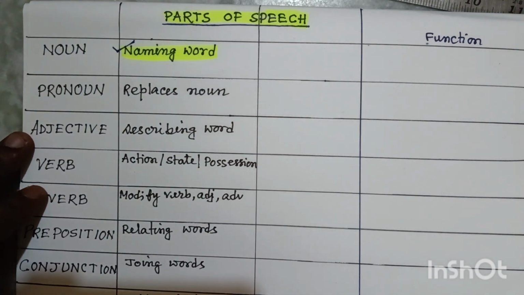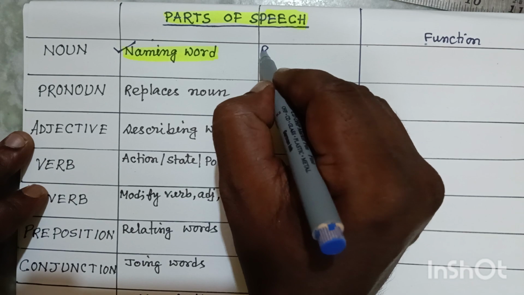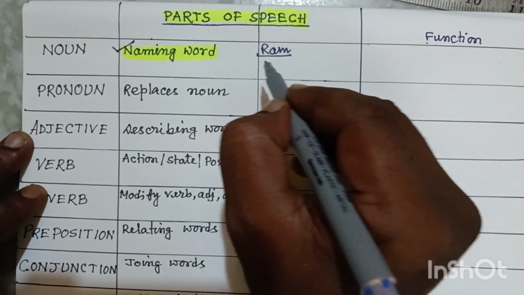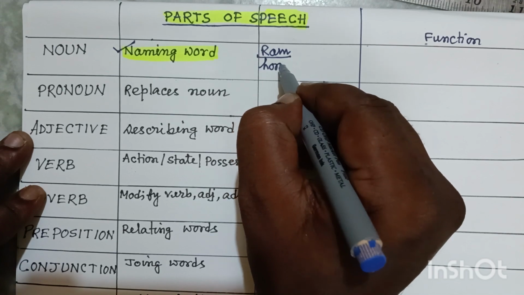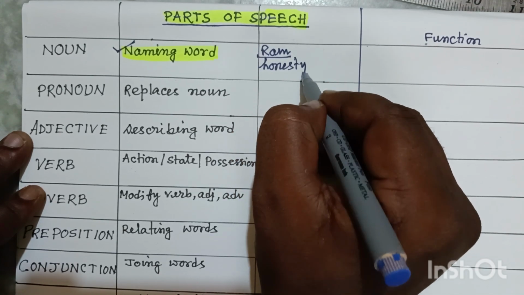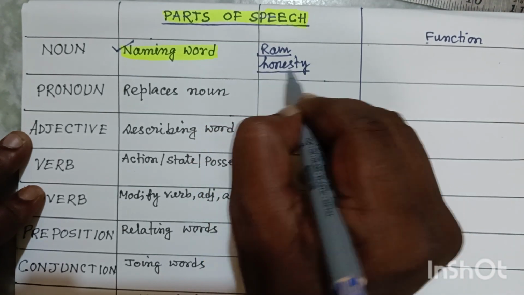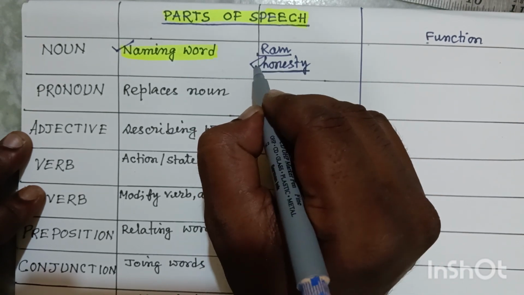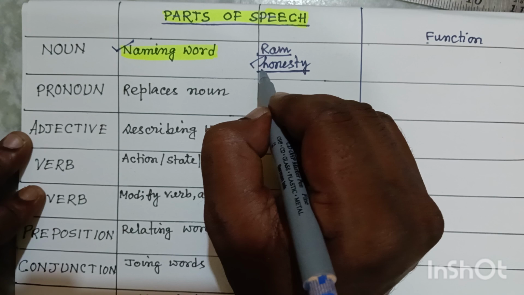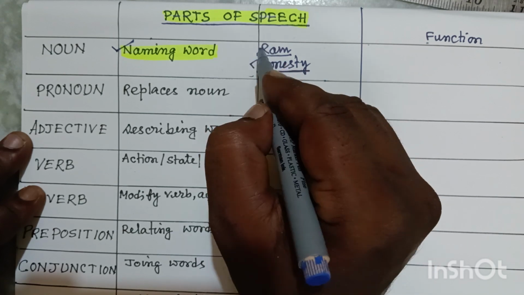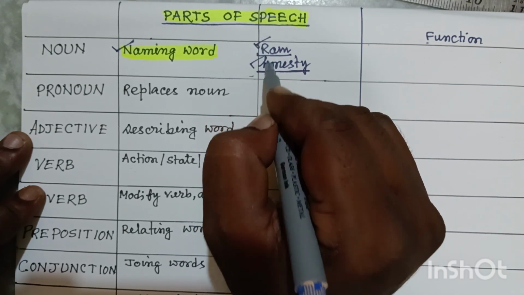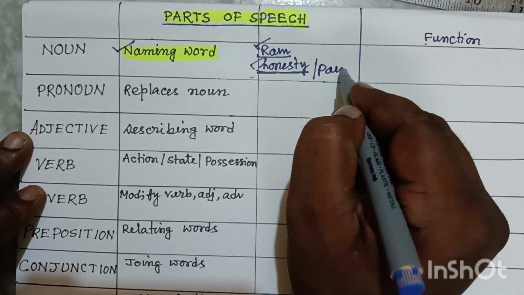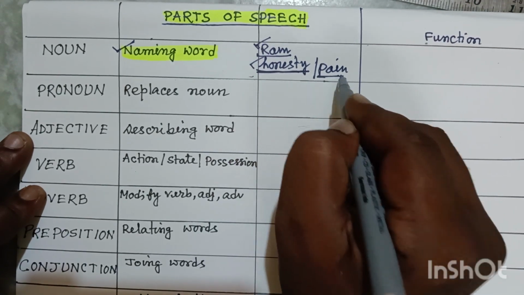And my dear friends, just like this one, suppose Ram, this is the name of a person. Honesty, that is a state. We cannot see it. We cannot touch this thing. It is not tangible. Ram is a boy. We can see this person, but honesty, pain, we cannot see it, but we can feel it.